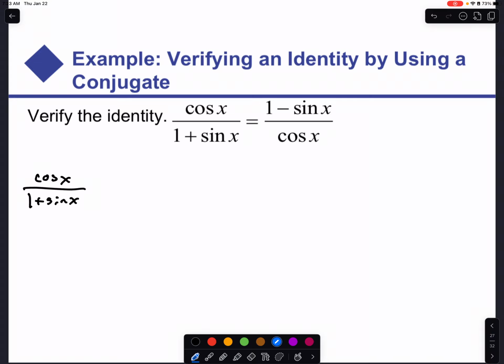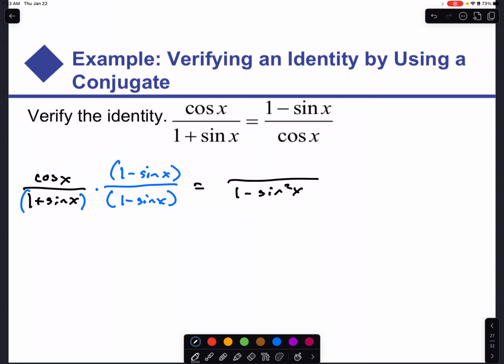I'm going to multiply by 1 in the form of 1 minus sine of x on top and bottom. So on bottom, I think we get 1 minus sine squared x.